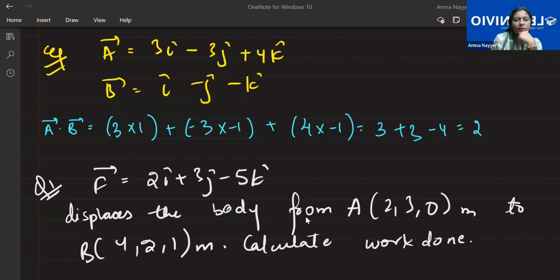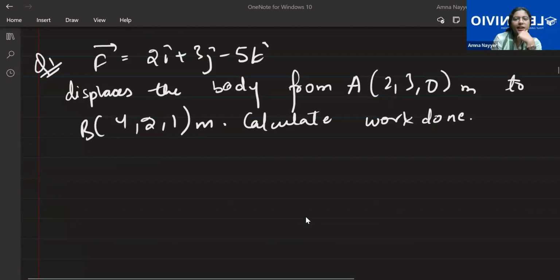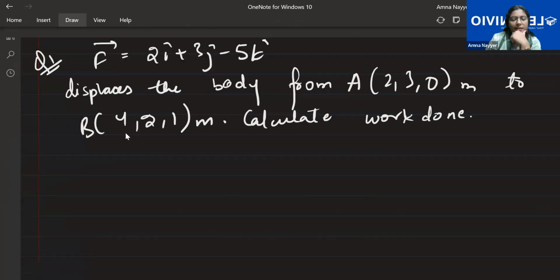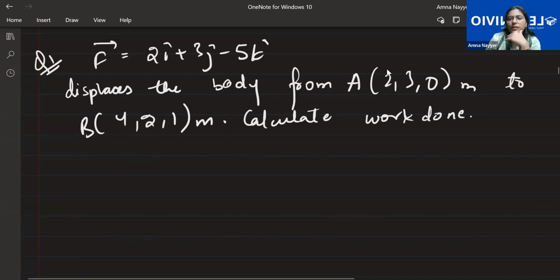Okay, let me discuss it now. See, you have a force 2I cap plus 3J cap minus 5K cap. It displaces the body from point A 2, 3, 0 to a point B, that is 4, 2, 1. If you have the coordinates, see, you know what are these coordinates.